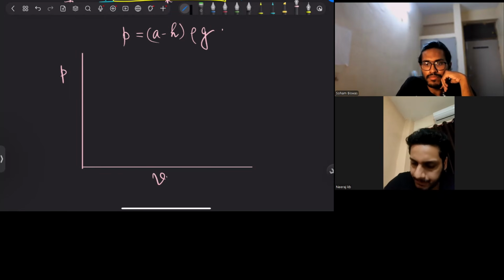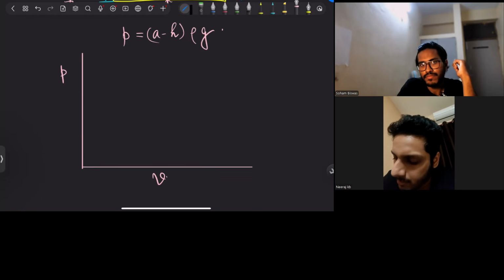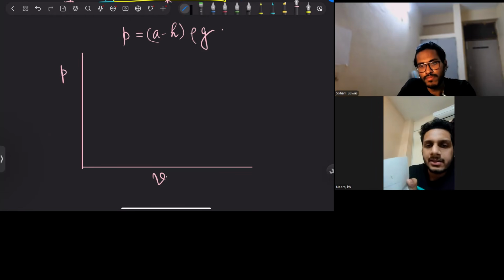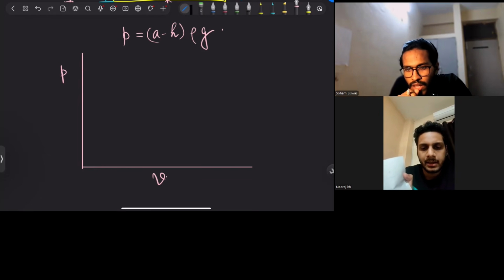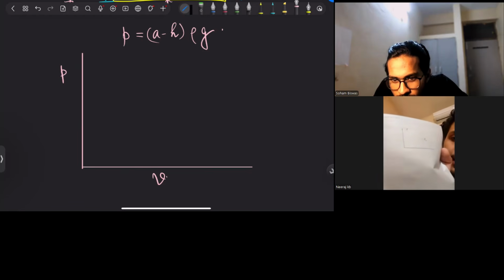I have drawn it as a dotted line actually. Can you bring the page a bit more to the front of the screen? Is it clear now? You have dotted it.